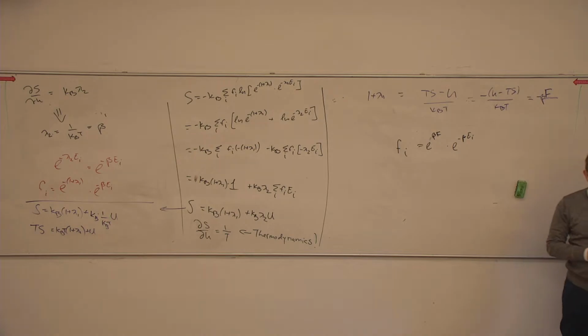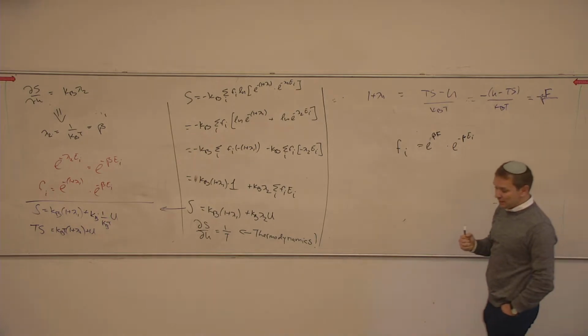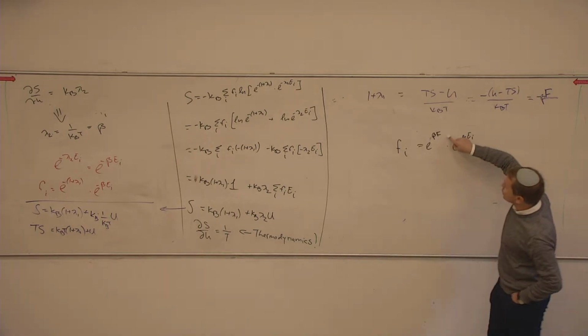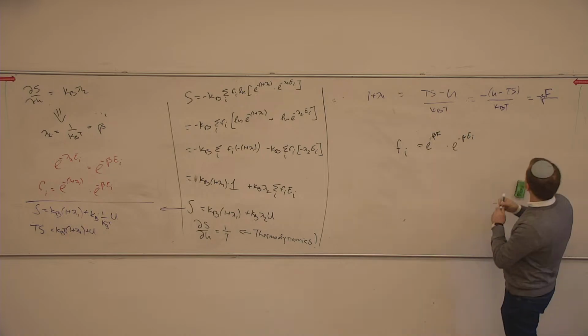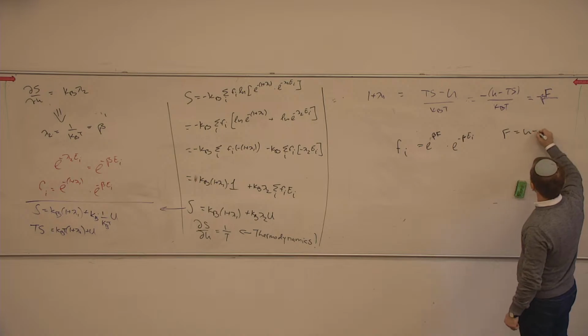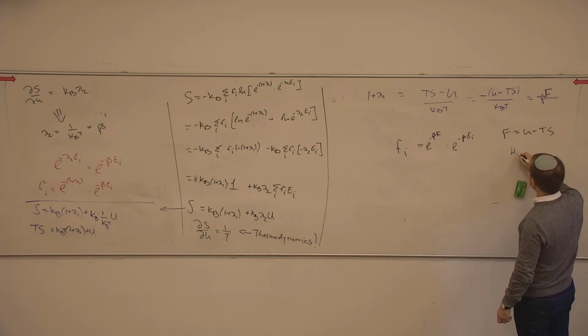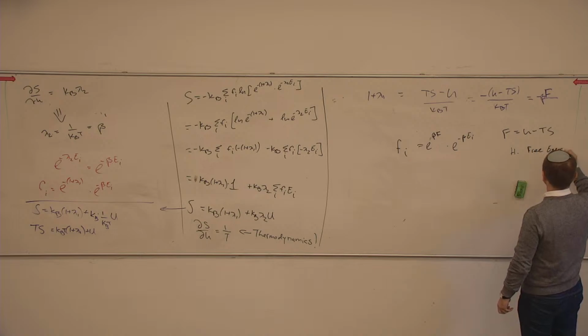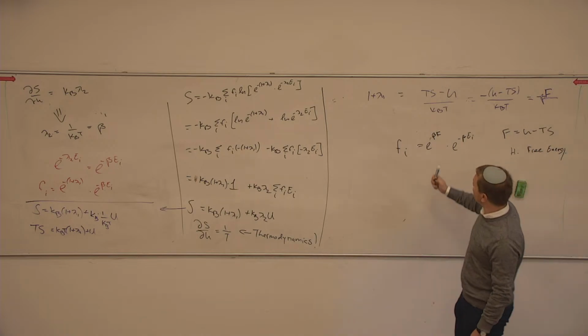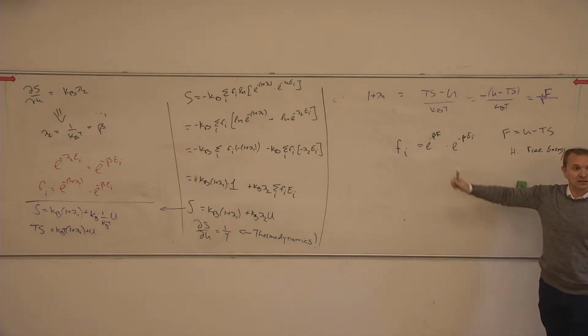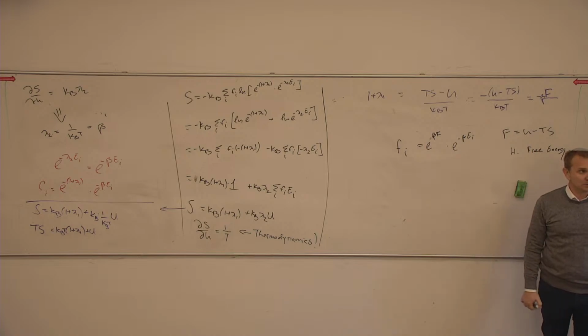So first of all, we see that there is an associated thermodynamical potential, which is F, U minus Ts, the Helmholtz free energy, and this thermodynamical potential is associated with the probabilities of the canonical ensemble.